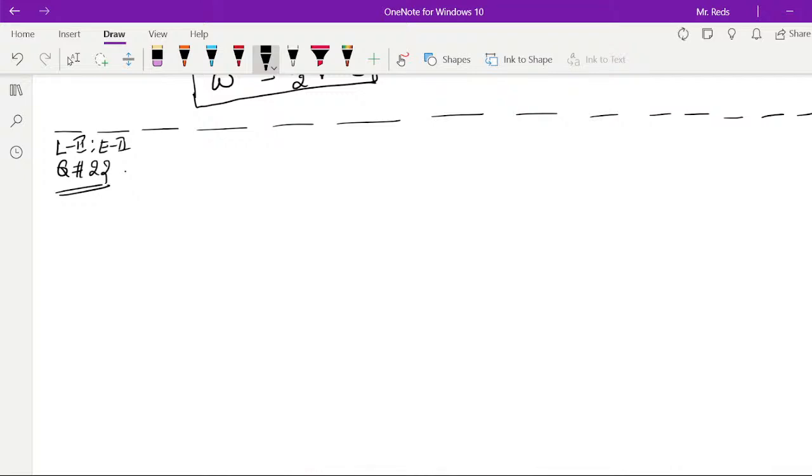Can you drop your option? Drop your answer in the chat box.